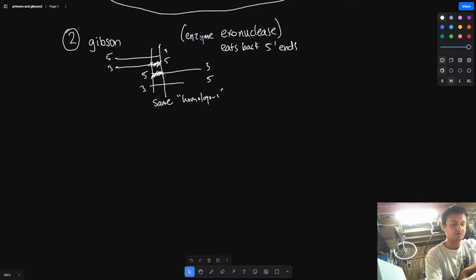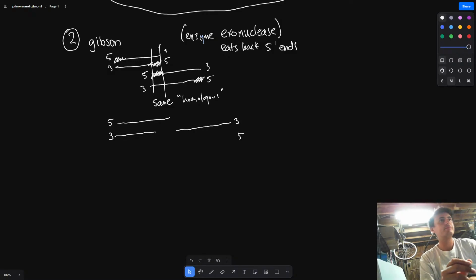And then you end up with a 5 and then a 3. How should I draw this? Maybe it's like this, and this is a 5, this is a 3, and this is a 5. And really what happens is this also gets chewed back, and this gets chewed back.